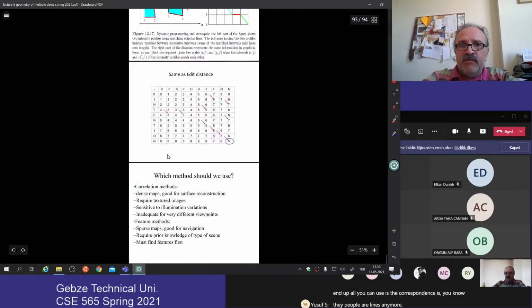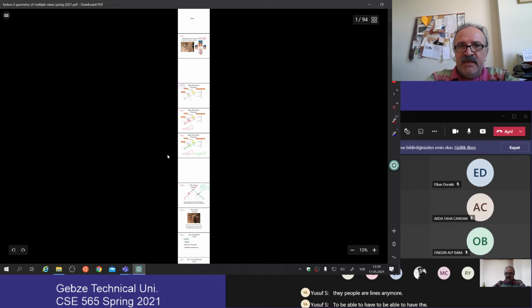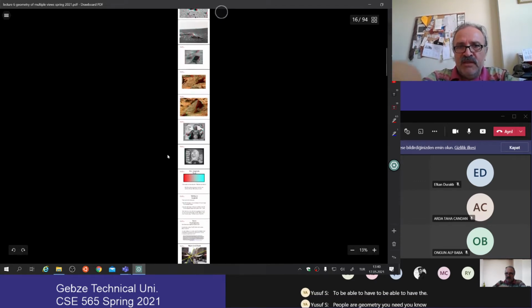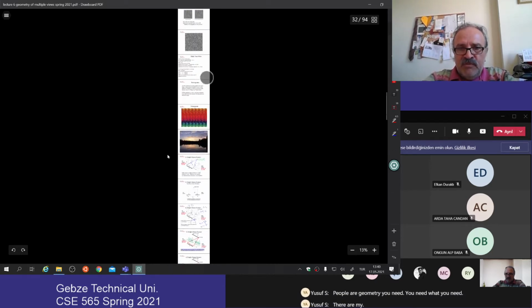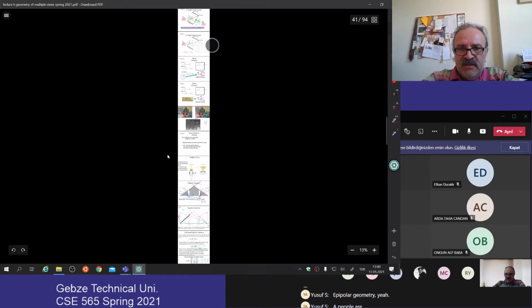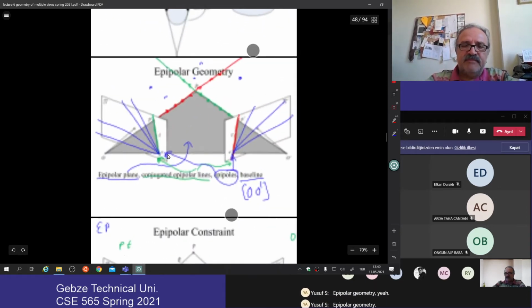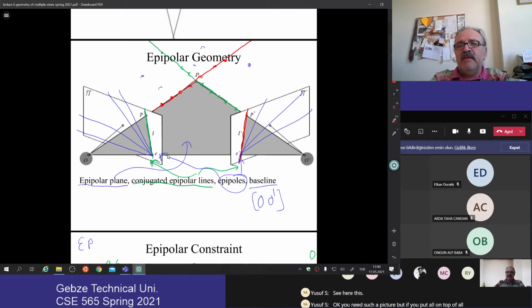To be able to have the epipolar geometry, you need... where is my epipolar geometry? Yeah, here it is. Okay, you need such a picture, but if you put O on top of O prime, there is no epipolar geometry anymore because there is no baseline.